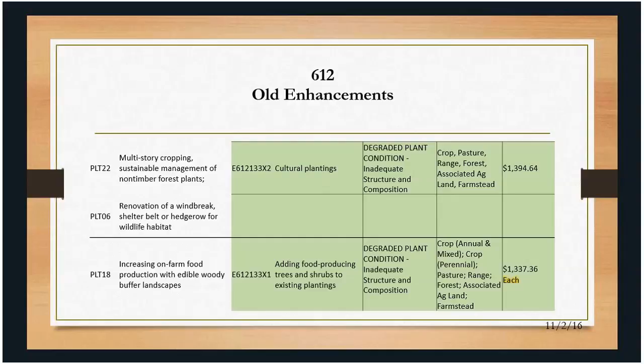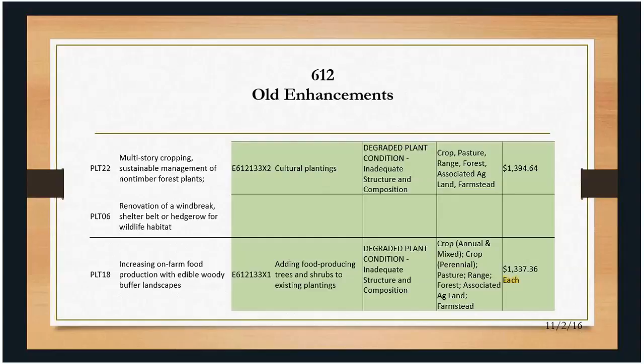The first set of 612 enhancements, there's 2 612 enhancements in new CSP that replaced 3 enhancements in old CSP. The old enhancements were multi-story cropping, renovation of a windbreak or shelter belt, and increasing on-farm food production with edible woody buffer landscapes.